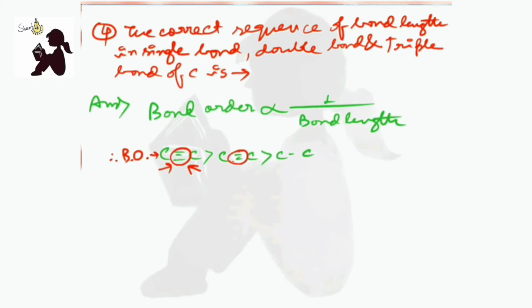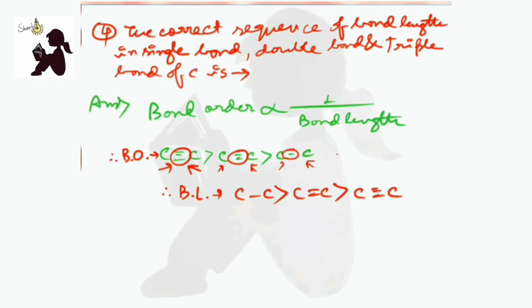Now it has a double bond, so it will attract less than this, and here it has one bond, so its attraction is negligible. So in case of bond length, where attraction is negligible, its bond length is naturally more, right? So the bond length order will be like this, okay, you guys understood?